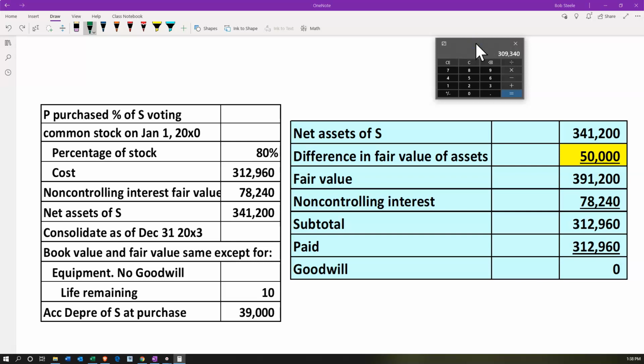So once we have that, then we're going to now go down and think about the Goodwill calculation. Now this one, they gave us a little bit of a twist to get to this Goodwill calculation. So we've got to back into the fair value difference instead of calculating Goodwill. I would think about this just like the cost of goods sold calculation.